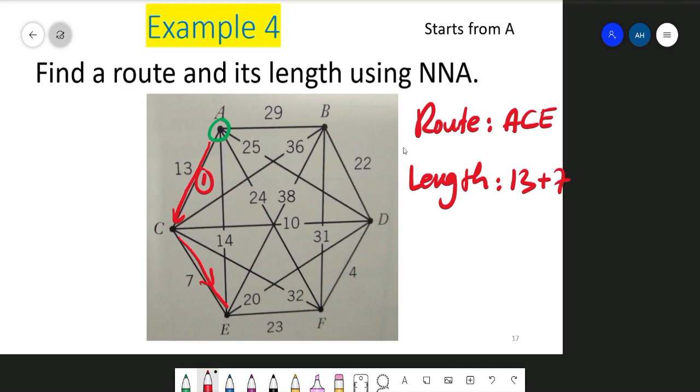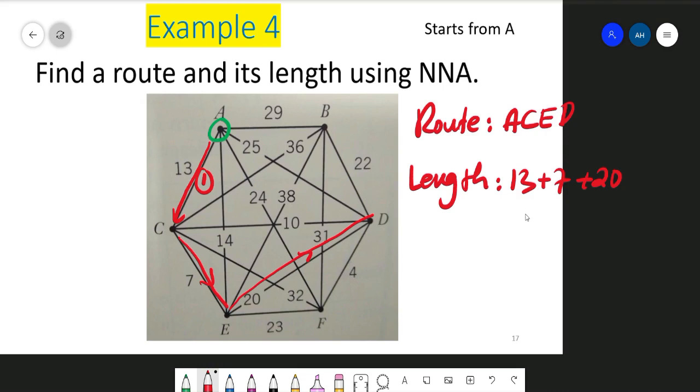Seems like 20 is the smallest value, so we have to go this way. Okay, from E to D, that is plus 20. Now we are at point D. Okay, we have 22 here. We cannot go back to A yet, so we have 22.